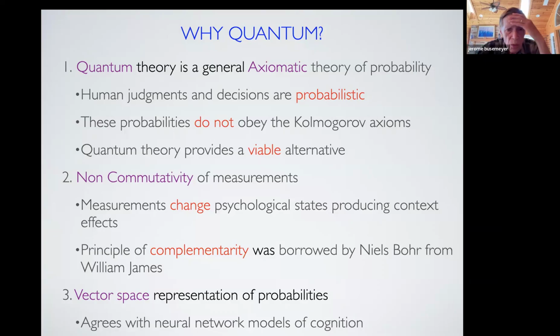Humans are very order dependent. They're very sensitive to the order of the measurement. The measurements change the state of the person and produce these context effects. In fact, the principle of complementarity that was proposed by Niels Bohr for physics was actually a concept borrowed from William James.